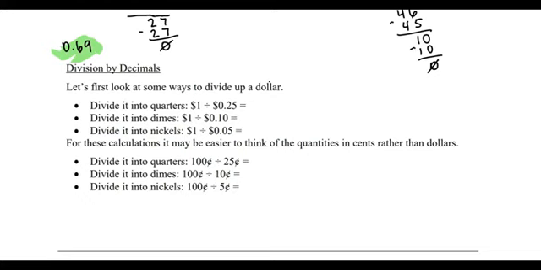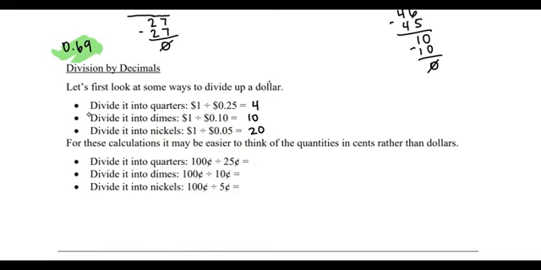When you divide a dollar into quarters, you have 4 quarters. When you divide a dollar into dimes, you have 10 dimes. You have 20 nickels.